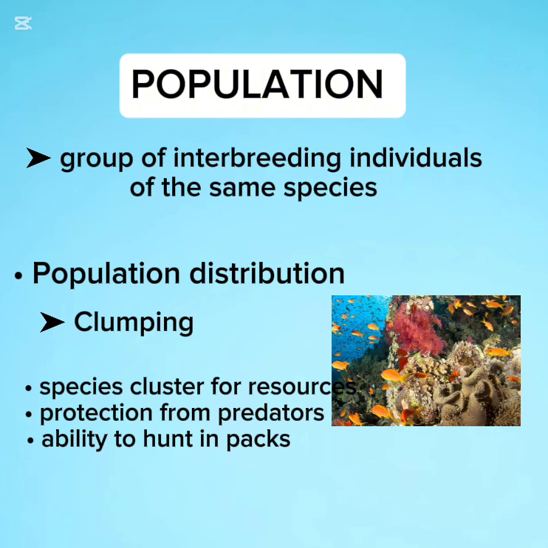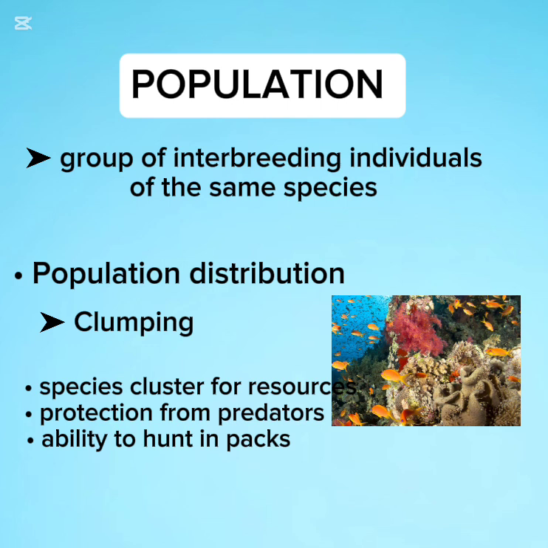This can occur for several reasons. First, species cluster for resources. It is where individuals may gather in areas where food, water, or shelter are abundant. Next, protection from predators.